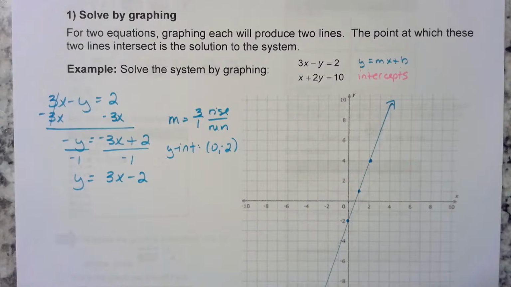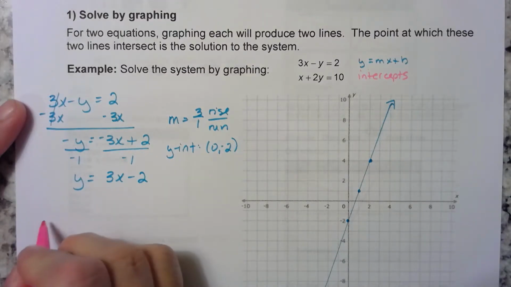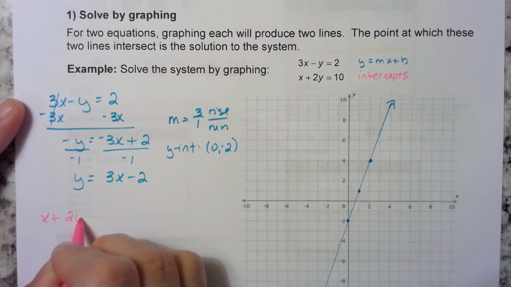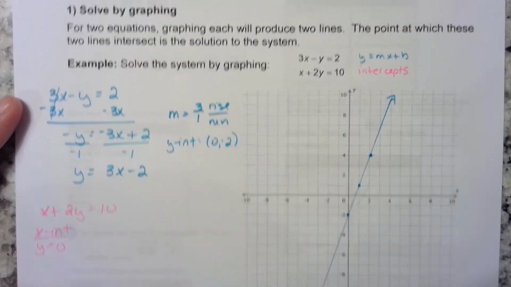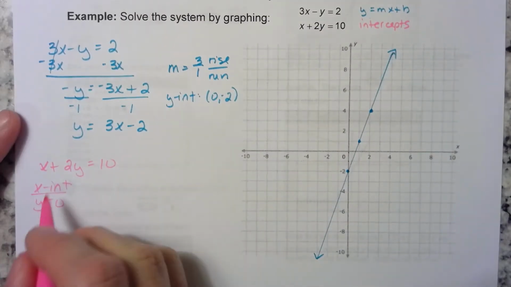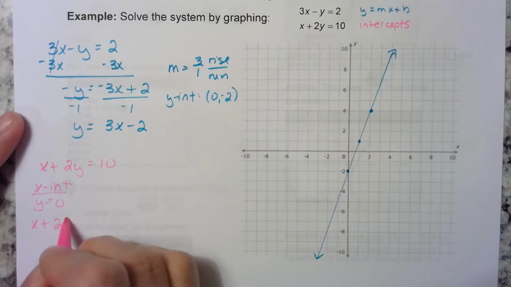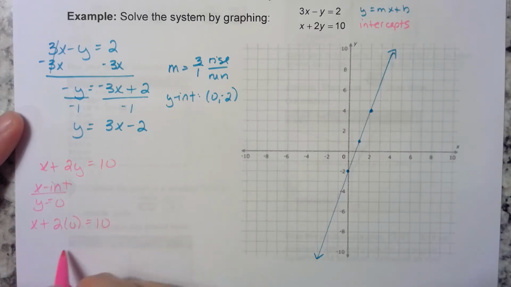Okay, so that's one line. Well, let's graph the other one using intercepts. So we have x plus 2y equals 10. Remember to find the x-intercept, you let y equal 0. So we're going to have x plus 2 times 0 equals 10, which means x is 10. So our x-intercept is the point 10, 0.